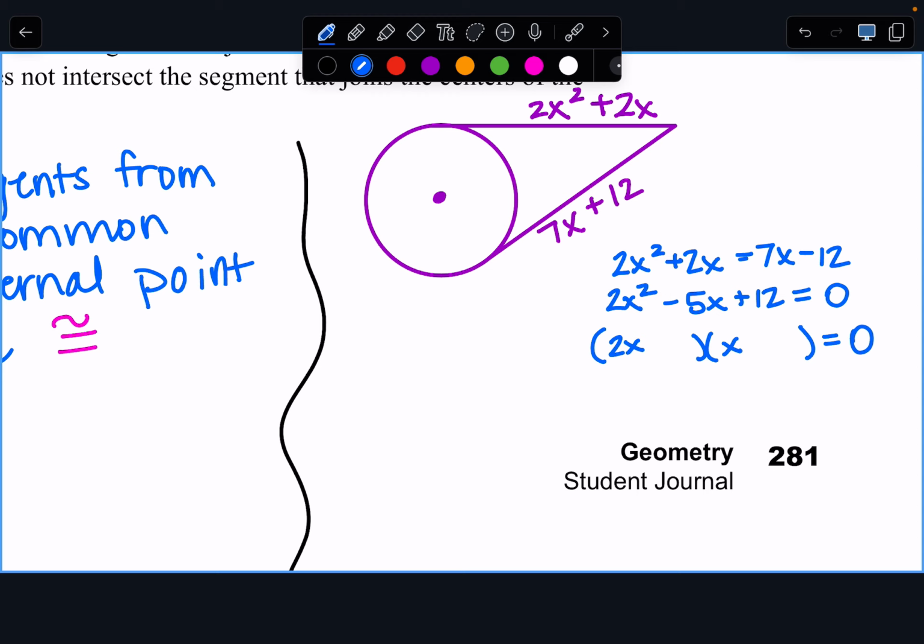That's what I was thinking. But I think you changed the sign. It's supposed to be 7x plus 12. You plugged in the 12 wrong. 7x plus 12 minus 4. Yeah, it's minus 12.